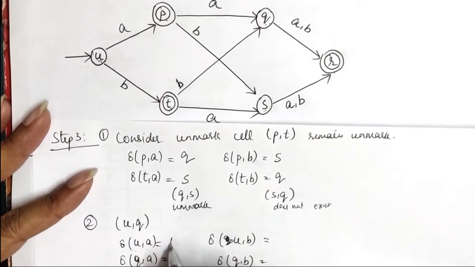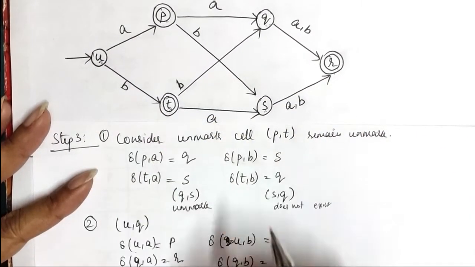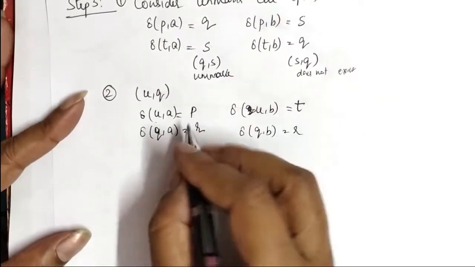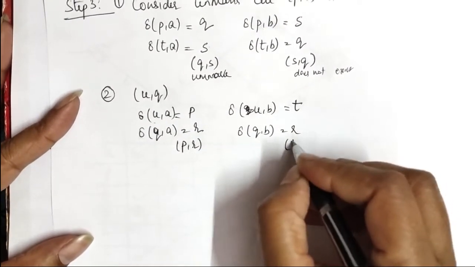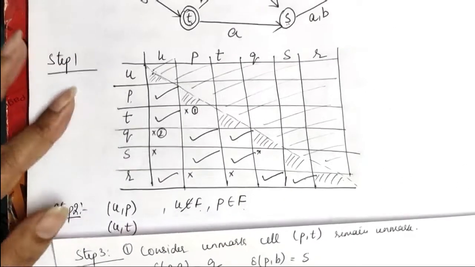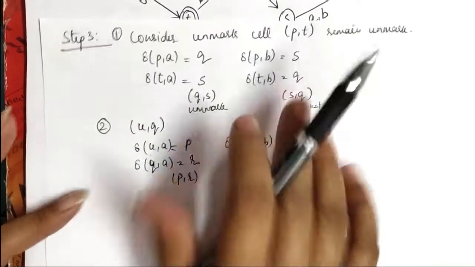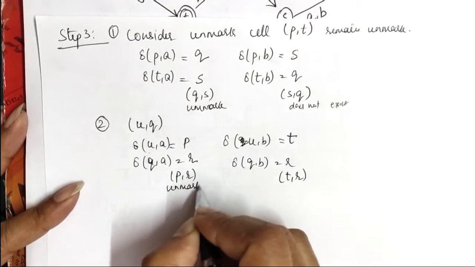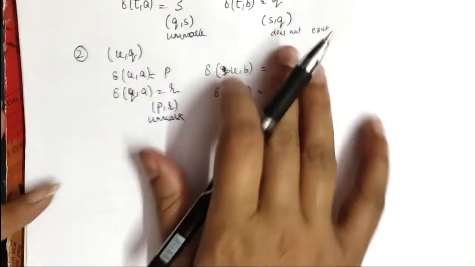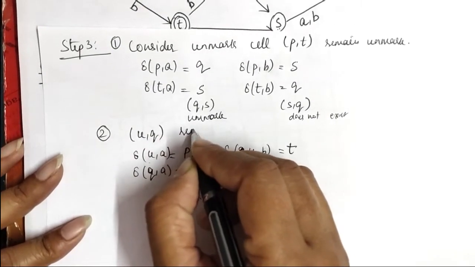U with small a gives P, Q with small a gives R, U with small b gives T, Q with small b gives R. So the pair becomes P comma R and T comma R. Now we check whether these resulting pairs are marked or unmarked in the table. P and R is unmarked, and T and R is again unmarked. So we leave U comma Q unmarked.